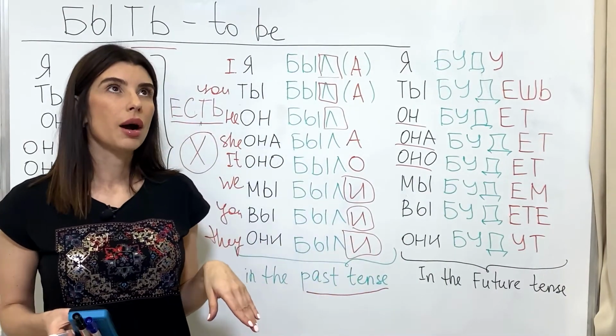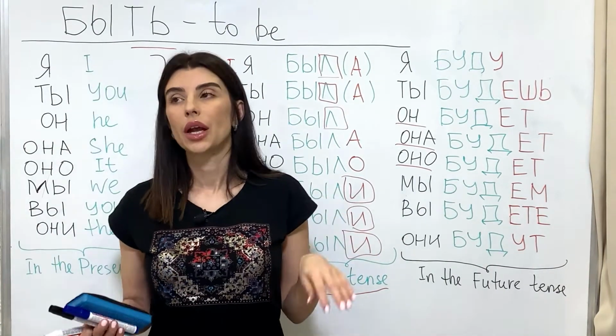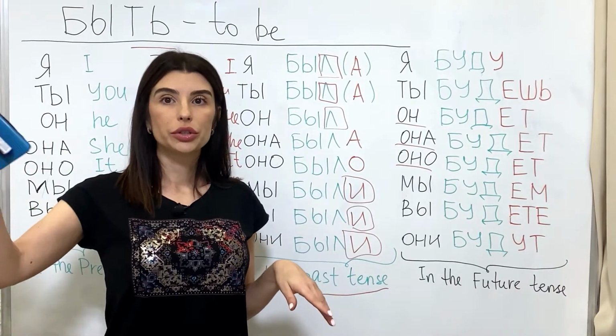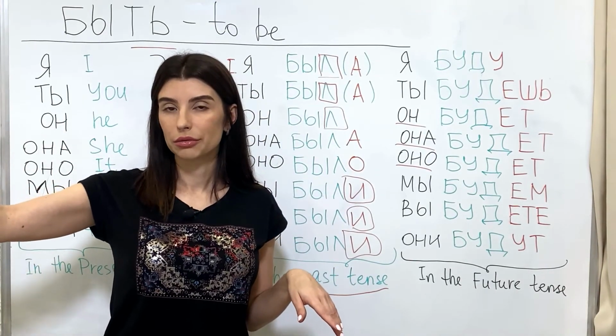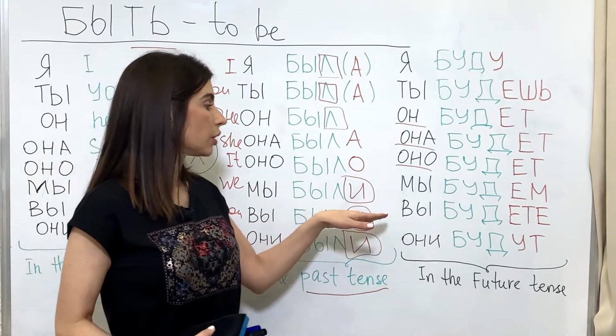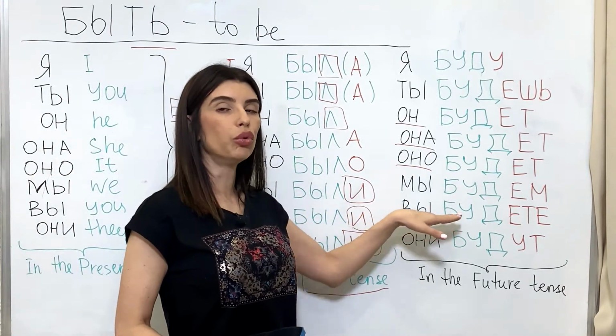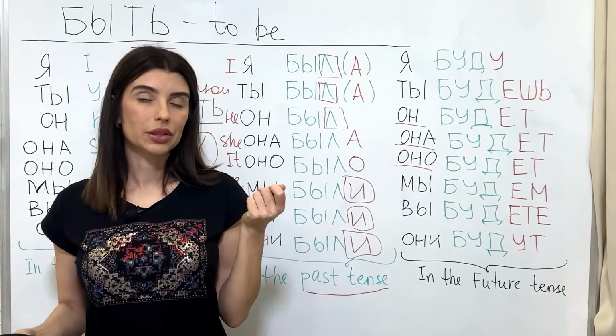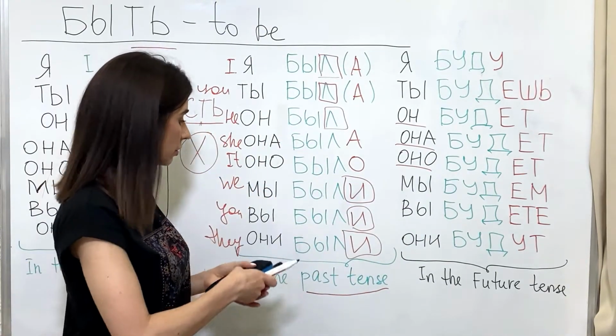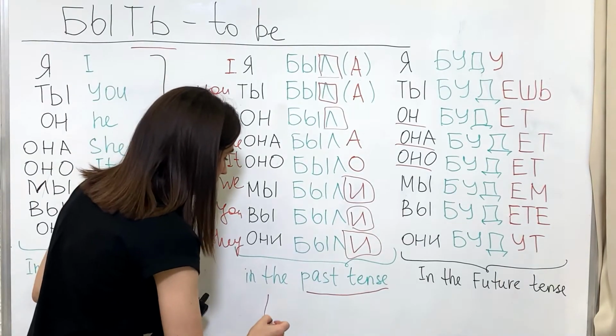For example, you are going to eat. You will eat. Right? Вы будете есть. Есть means eat. Есть.